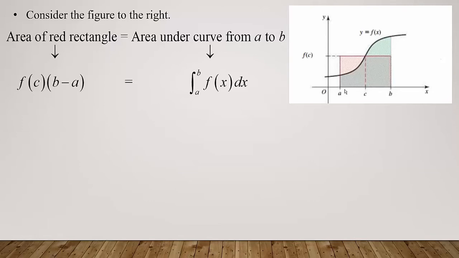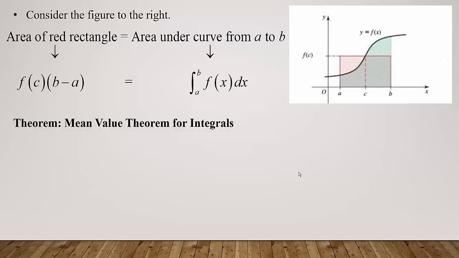How am I going to find the area under the curve? Well, that's the definite integral from a to b, f of x dx. So the area of the red rectangle, which is f of c times b minus a, equals the area under the curve, which is the integral from a to b, f of x dx.